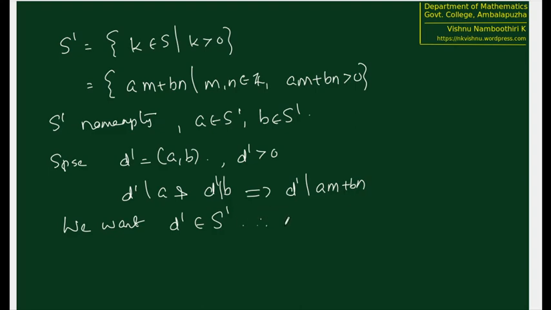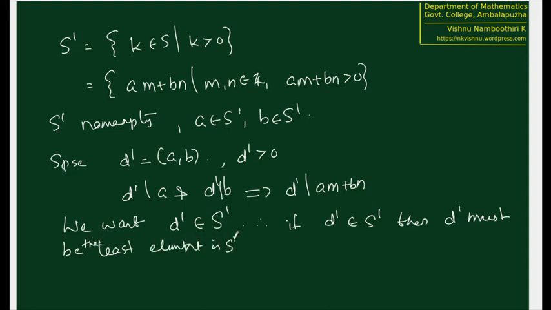Therefore, if D prime has to be in S prime, then D prime must be the least element in S prime. So we need to look for the least element in S prime and try to verify that it is actually the GCD of A and B.